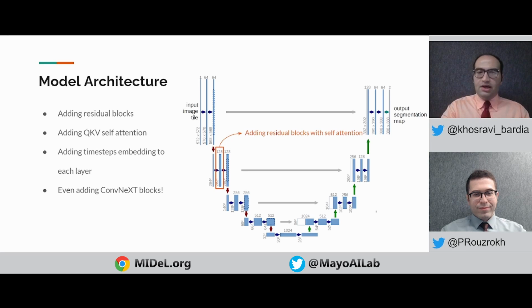We also add time steps to each of the residual blocks, so each block is aware of what we are trying to denoise and what step we're standing at. And finally, there are some other improvements; you can add ConvNeXt blocks, which are very new, and many others can happen. But this is what is different from the normal U-Net.